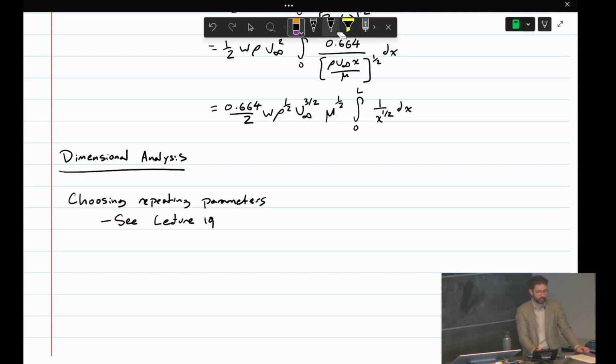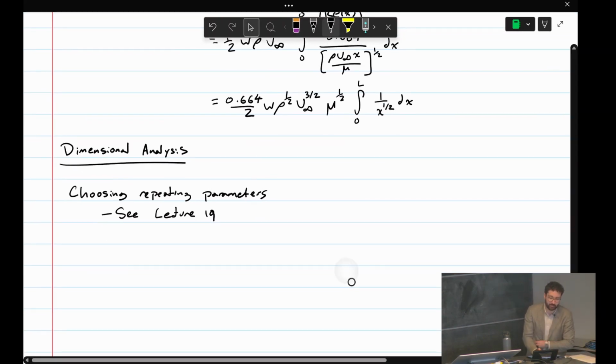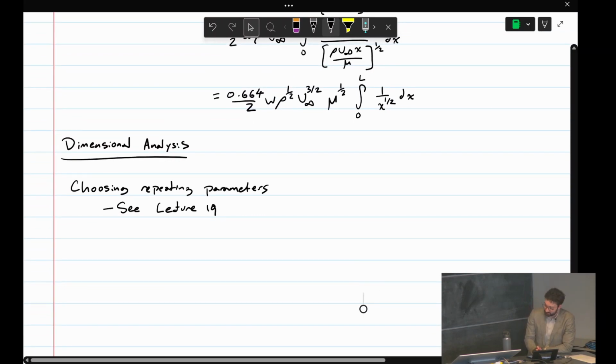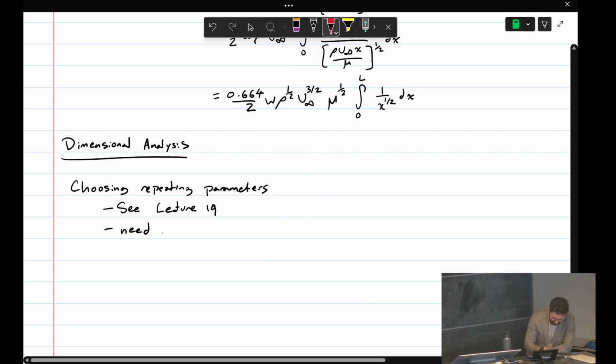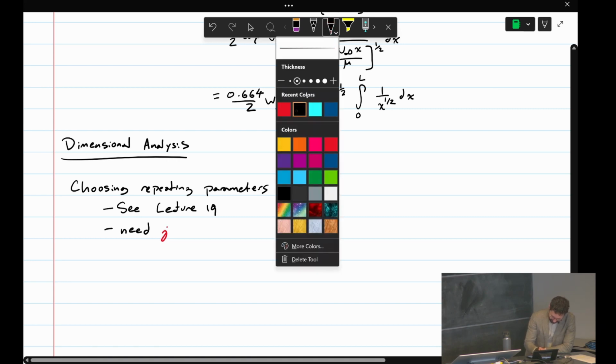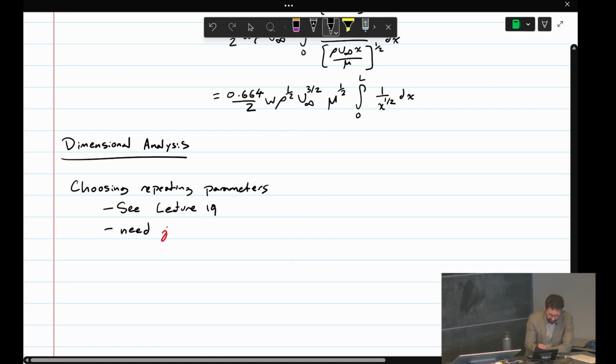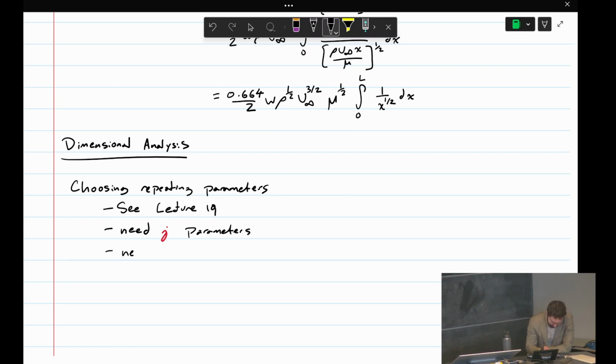I know the homework is a little bit confusing and that sometimes the general rules aren't followed, but make sure you look at the lecture 19 notes. You need J repeating parameters. Remember, J is the number of dimensions in our problem. They need to contain all dimensions.